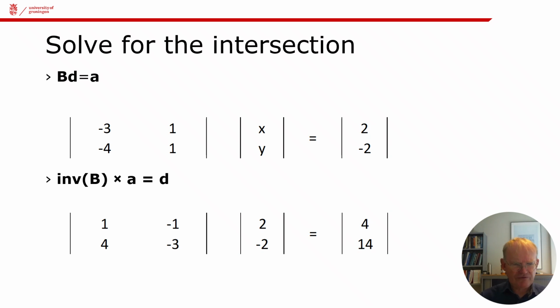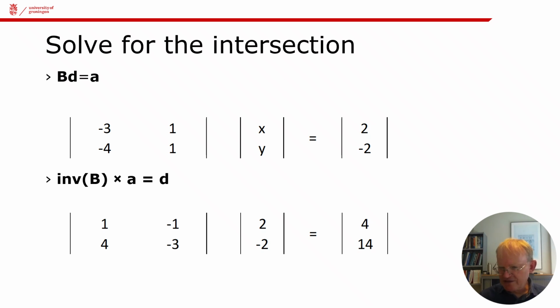So how to solve for the intersection? Well, that's essentially quite simple. We have, of course, the 2 matrices here, B times d equals a. And so we need to solve x, y.